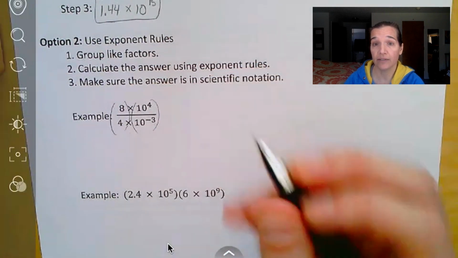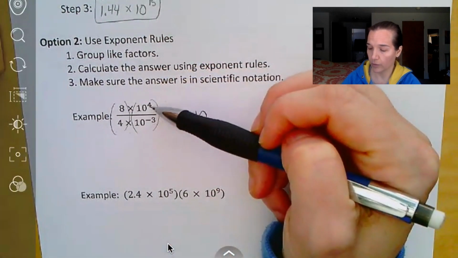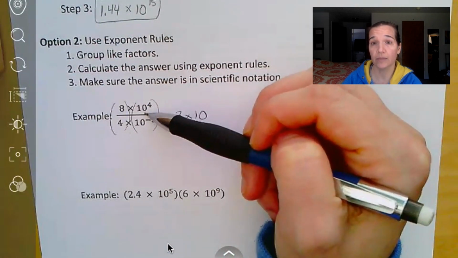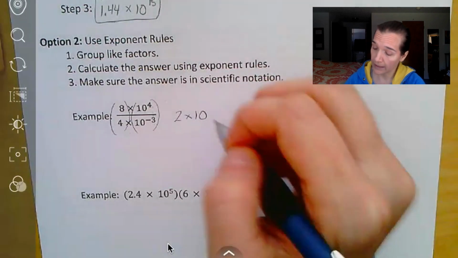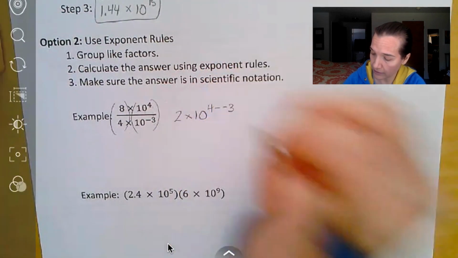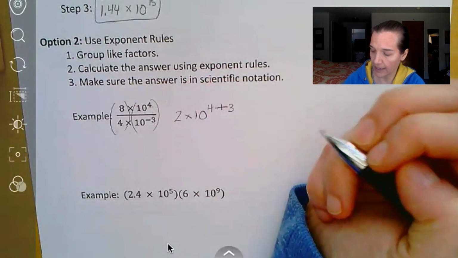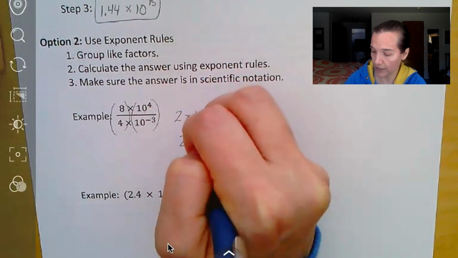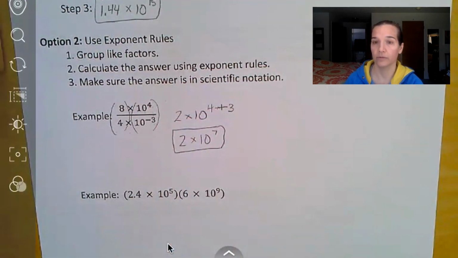They always have. 8 divided by 4 is 2. Times 10 to the, and when you divide bases with exponents, you subtract the exponents. So this would be 10 to the 4 minus the negative 3rd power. Remember, subtracting a negative is the same as adding. So really we have 2 times 10 to the 7th power. And that's our answer using exponent rules.